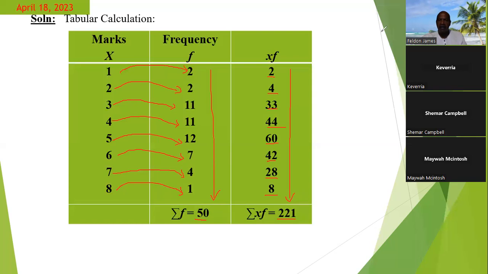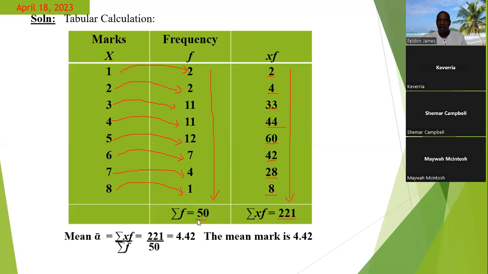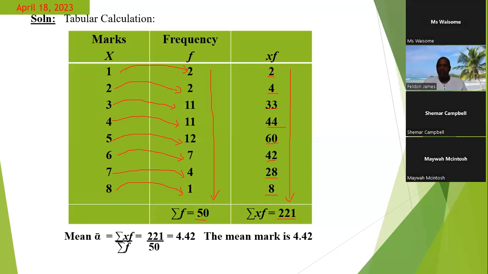So you're going to divide now the sum of XF, which is the sum of all the values, divided by the sum of the frequency. So you should get 221 divided by 50. So your mean would be 4.42.